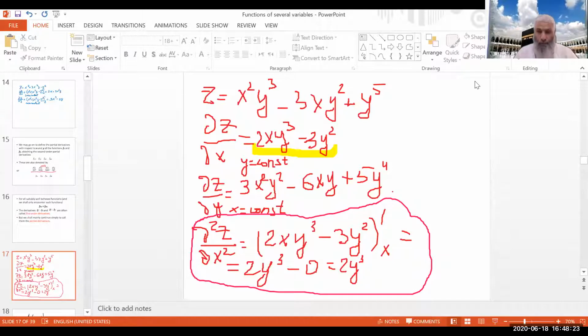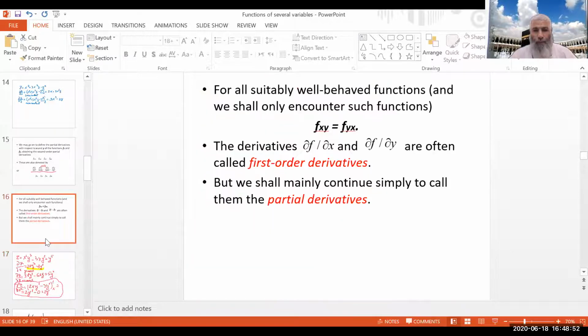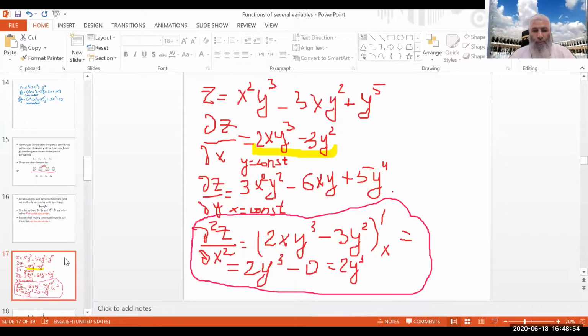Z equals x squared y cubed minus 3xy squared plus y power 5. You will calculate dz/dx and dz/dy, and also d2z divided by dx squared. And also the mixed one: first with respect to x, the second with respect to y.